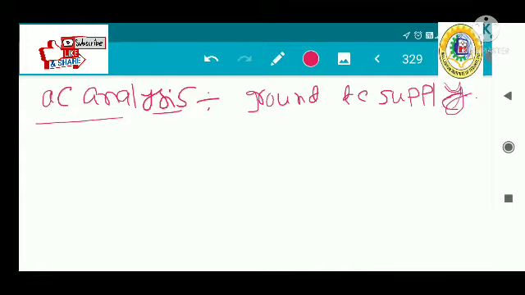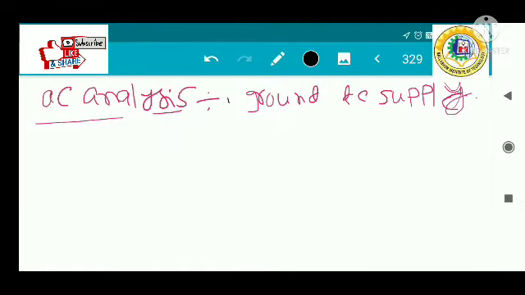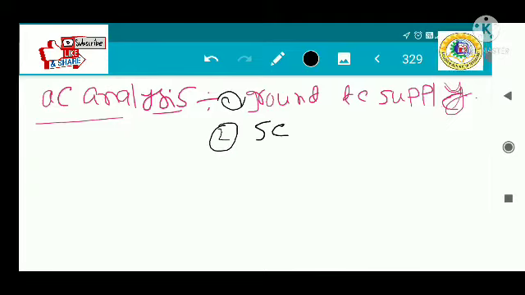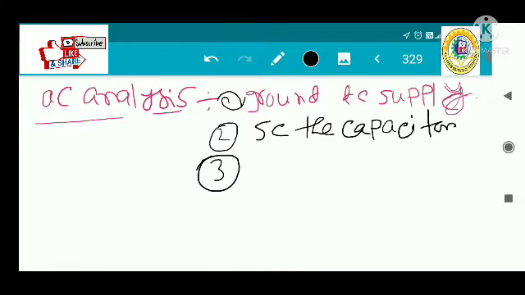That is the main purpose of AC analysis. The steps are something like this: first, ground the DC supply, short circuit the capacitors, and third, replace the BJT with its equivalent model.